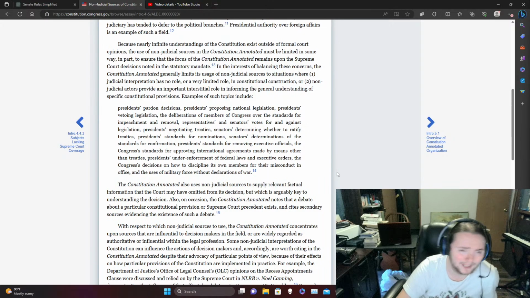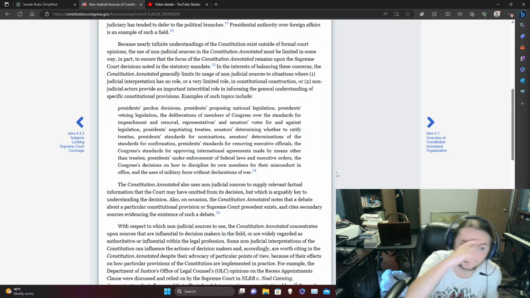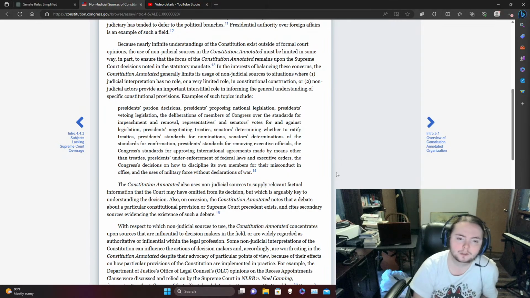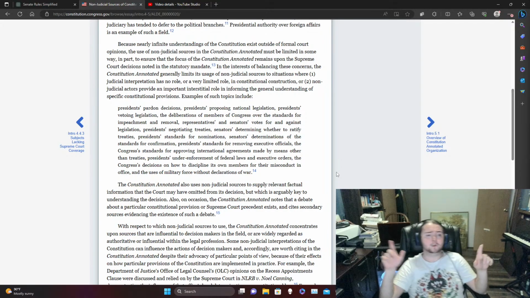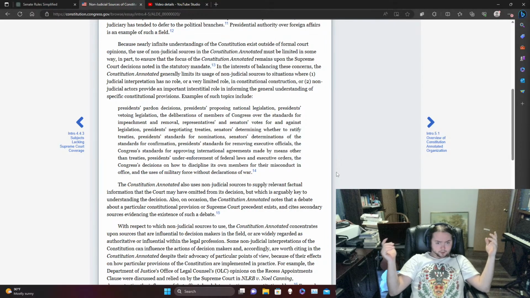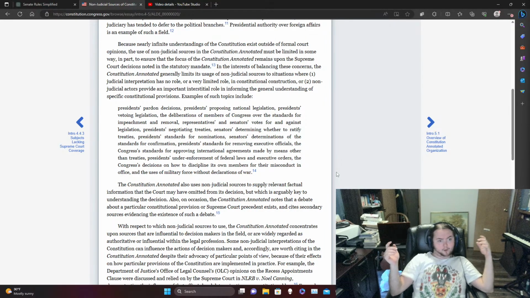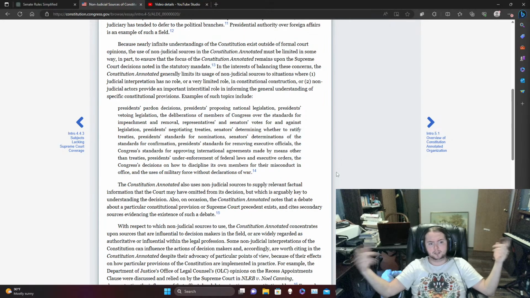Because nearly infinite understandings of the Constitution exist outside of formal court opinions, the use of non-judicial sources in Constitution Annotated must be limited in some way, in part, to ensure that the focus of the Constitution Annotated remains upon the Supreme Court decisions noted in the statutory mandate.